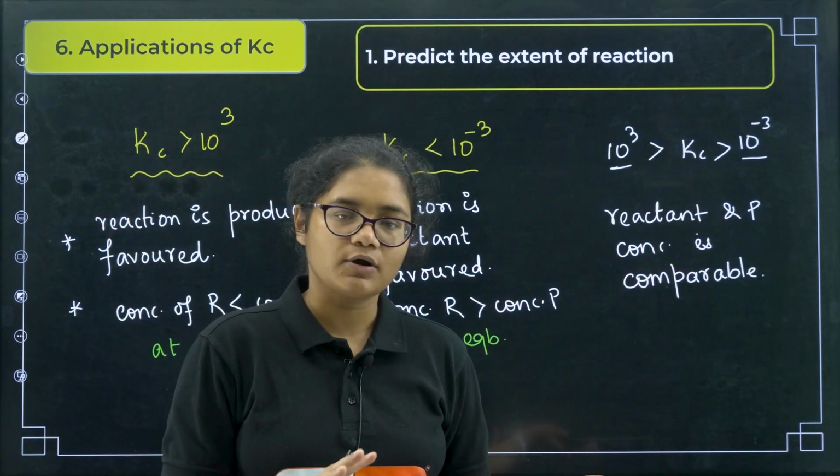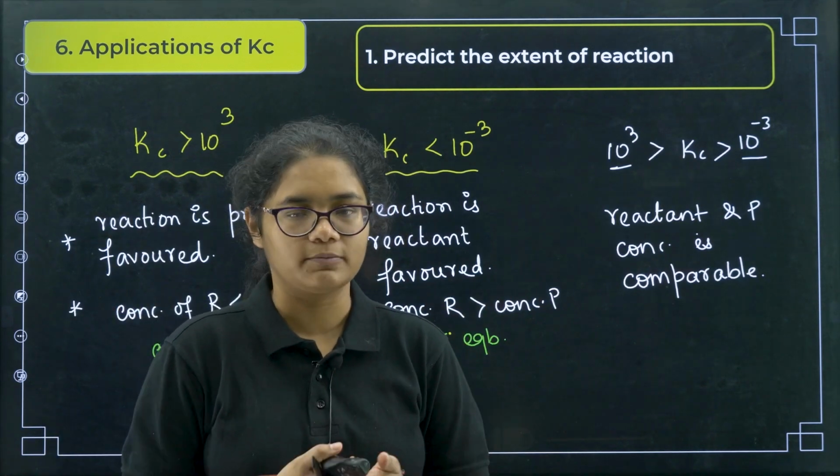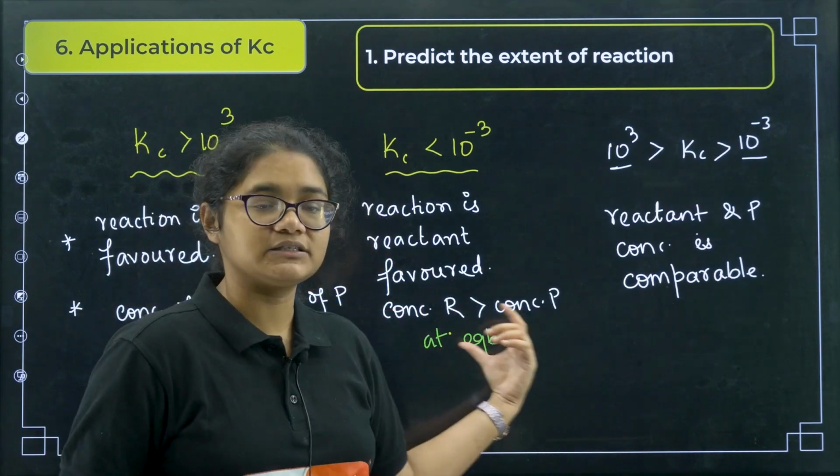That means the product concentration and the reactant concentration will be equal or almost equal, may not be exactly, but not very different from each other, whereas in the earlier cases there will be a much bigger difference.